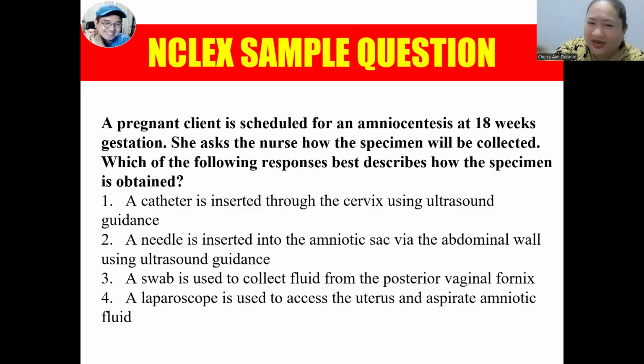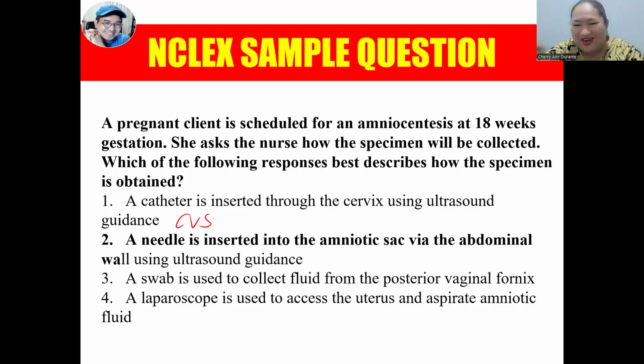Amniocentesis. Is it a catheter inserted through the cervix using ultrasound guidance? That's your chorionic villus sampling, so one is out. Is it a needle inserted into the amniotic sac via the abdominal wall using ultrasound guidance? Yes, that is your correct answer. What about 3?